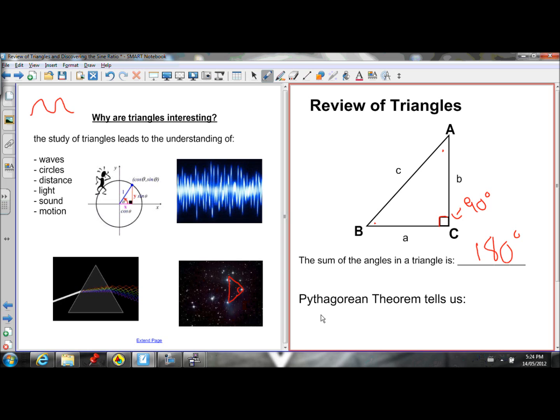We also remember Pythagorean's theorem. We'll need this occasionally in this chapter. It tells us that a squared plus b squared equals c squared. So the squares of both of the legs added gives us the square of the hypotenuse. The hypotenuse, we remember, is the longest side.